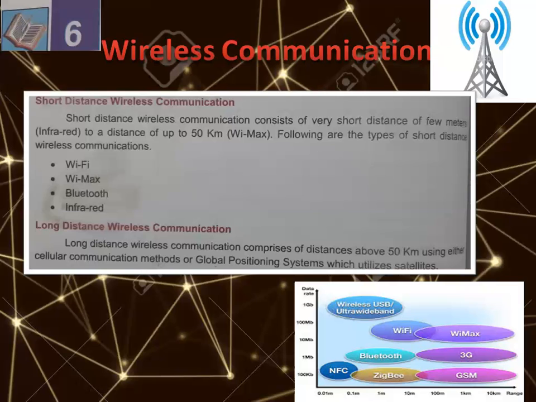Short distance wireless communication covers a limited area, up to 50 kilometers, and long distance communication covers above 50 kilometers using cellular communication and the global positioning system. So these are the ways in which we can classify wireless communication: short distance wireless communication and long distance wireless communication.